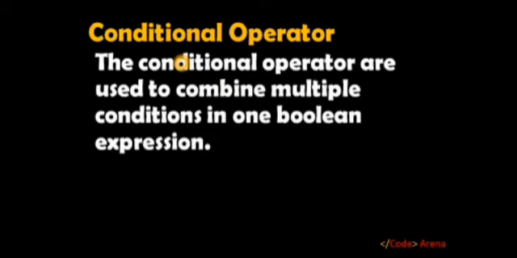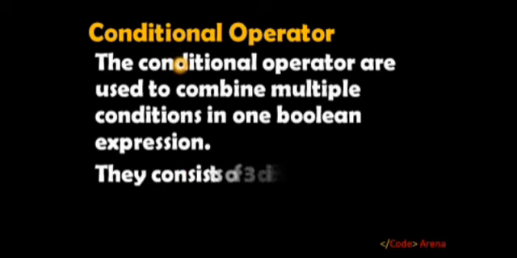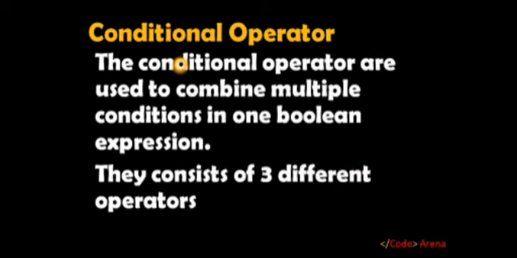So this operator is mainly of three different operators, and the 3 different operators are the AND. Now we all know logical operators. The AND operator. In this case, you are trying to tell the compiler to compare the value in operand 1 and operand 2.